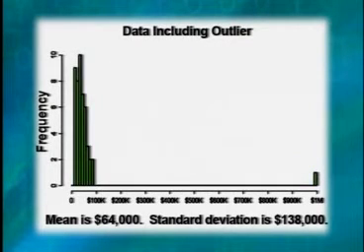So we'll go through this computation where you have the CEO making $1 million. What happens? The mean goes up to $64,000, and the standard deviation jumps to $138,000. So it's saying that the standard deviation is far higher than it was before. So the standard deviation is susceptible to a strong influence by an outlier.